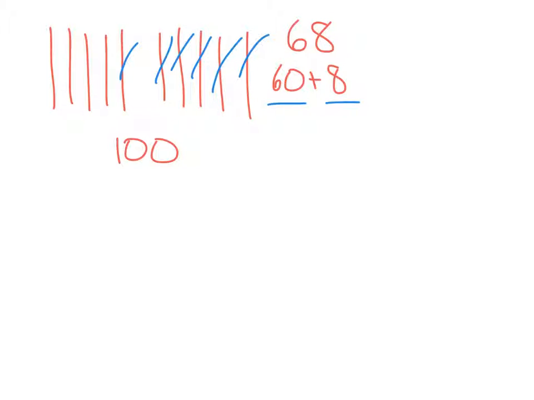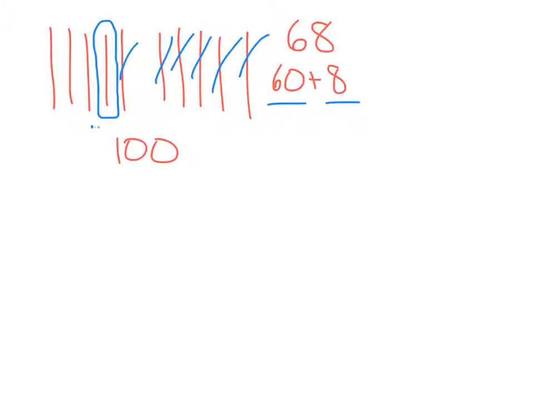So what I'm going to do is take one more 10 and turn this 10 into 10 ones. In order to take away 8 ones, I'm going to have to turn my 10 into ones. Otherwise, I can't just take away one more 10 because that's too many. So I'm going to take that 10 and turn it into 10 ones.